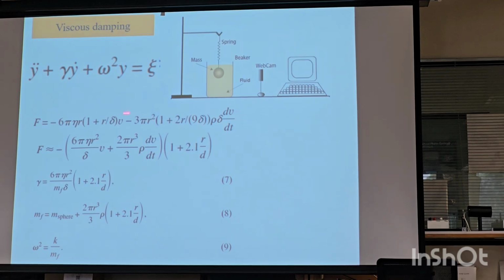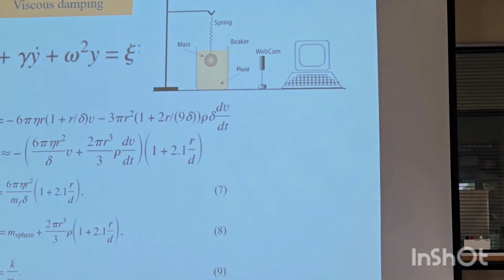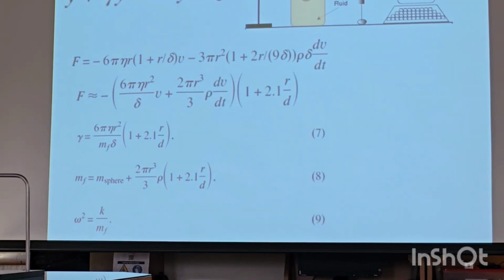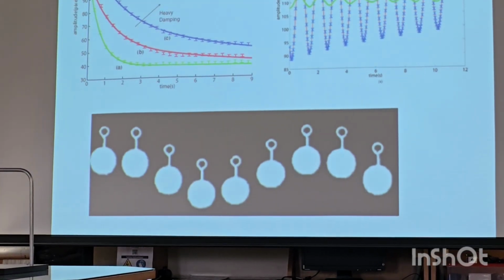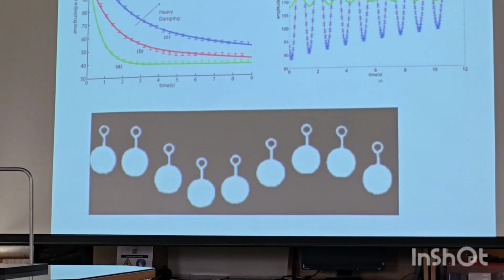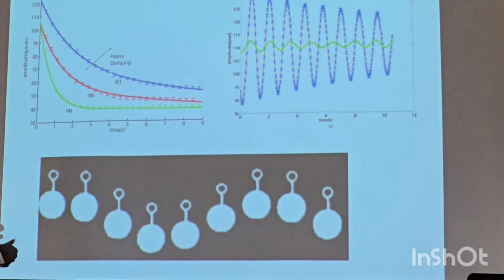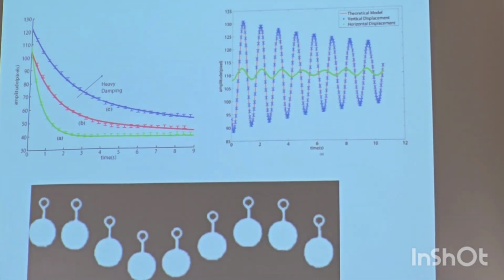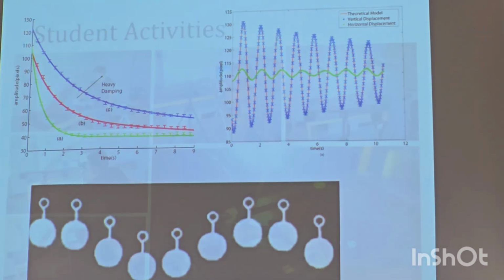But this is the complete expression for the drag force that acts on an object inside a viscous medium. So with the help of video tracking, you can see how damping occurs, and then you would like to combine your experimental data with theory. You can also explore different regimes of damping: heavy damping, light damping, critical, subcritical damping, and so on. All of this is again possible through video tracking.